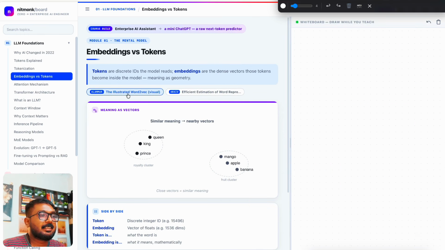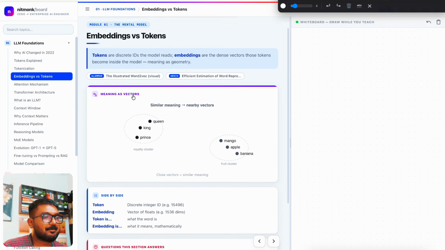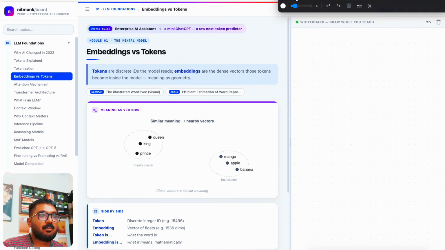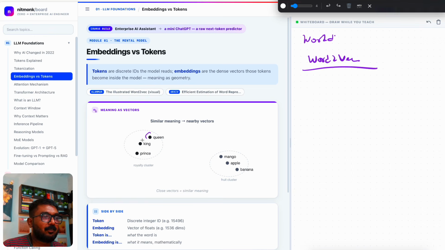Now you try to understand Word2Vec, correct? The Word2Vec that we did was kind of similar to it. There we were trying to figure out king, queen, prince, and all these.